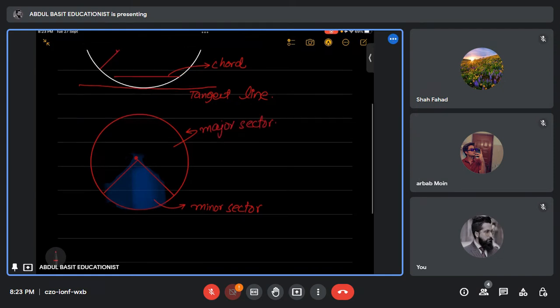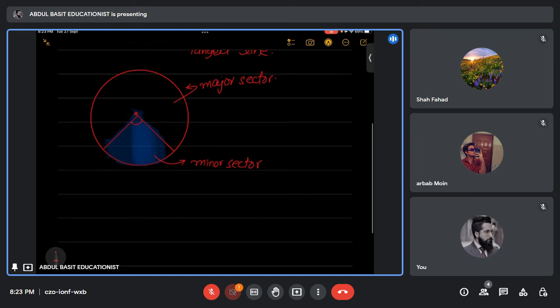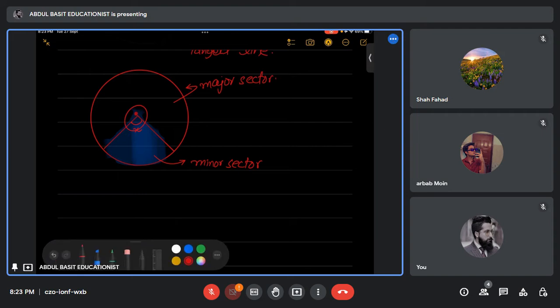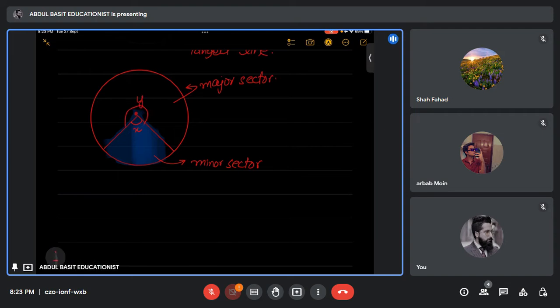And how do we find the area of a sector? This must be an angle, right? The total angle of a circle is 360, and the angles are x and y. If you want to find the area of the minor sector, the total area of the circle is pi r squared, and the minor sector has angle x, so it is x by 360 times pi r squared.